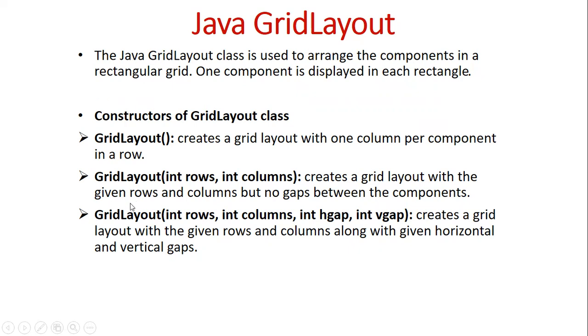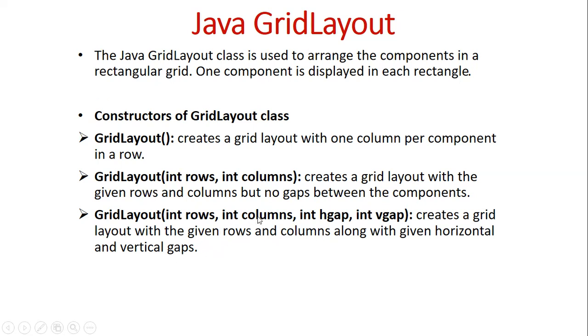The second constructor is a constructor with 2 arguments. The first argument represents the number of rows and the second argument represents the number of columns. So it creates a grid layout with the given rows and columns, but no gaps between the components. The third constructor is using 4 arguments.